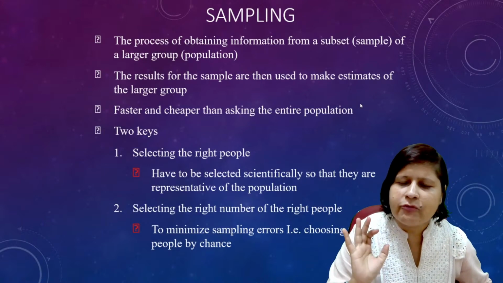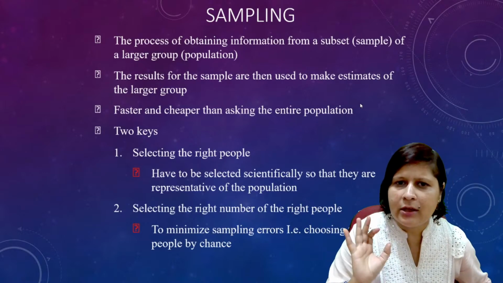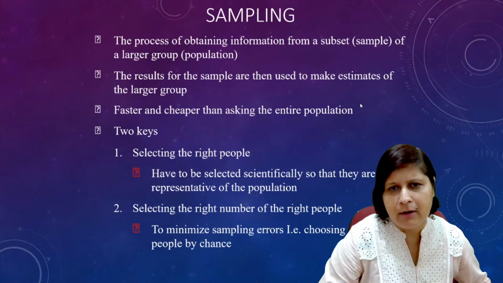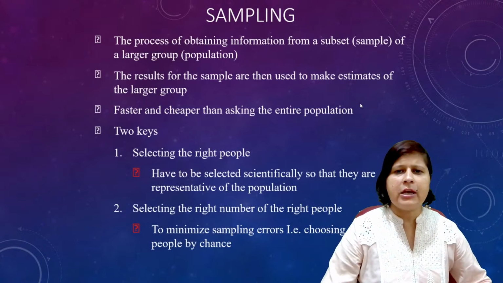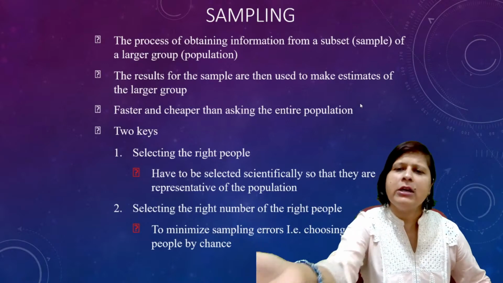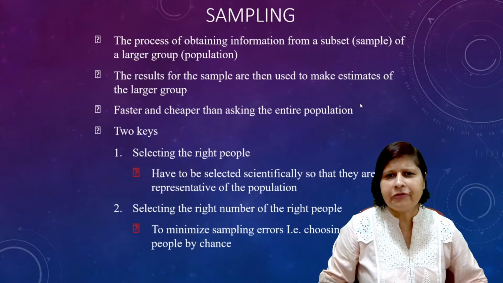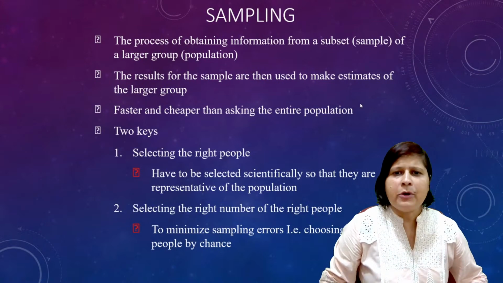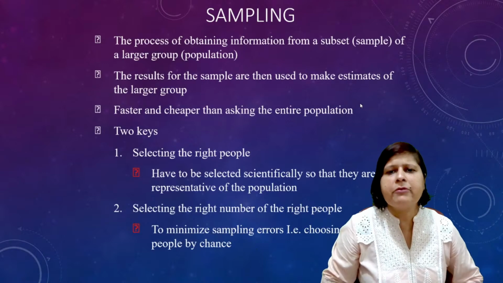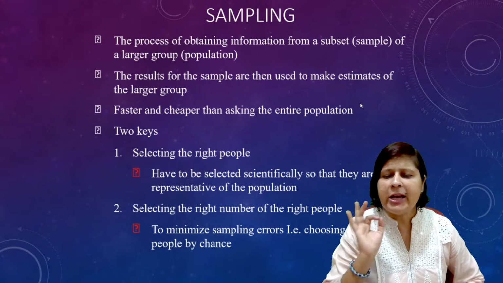If there is something else which you have specified for your population, then it must be there in that sample. So select the right people. You cannot take anyone. Oh, you are 19 and a half, we will consider you a teen? No, 19 and a half means that is not your population. That sample unit is not the perfect sample for your study. So choose the right people.